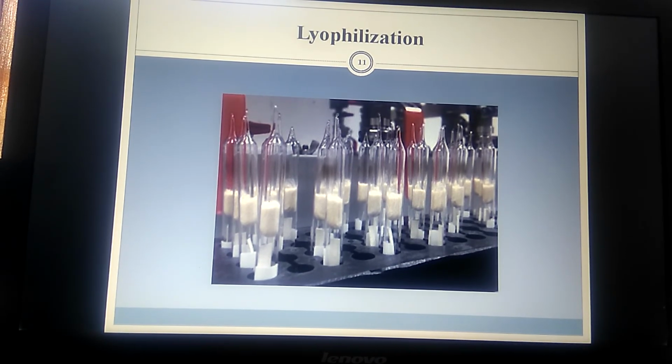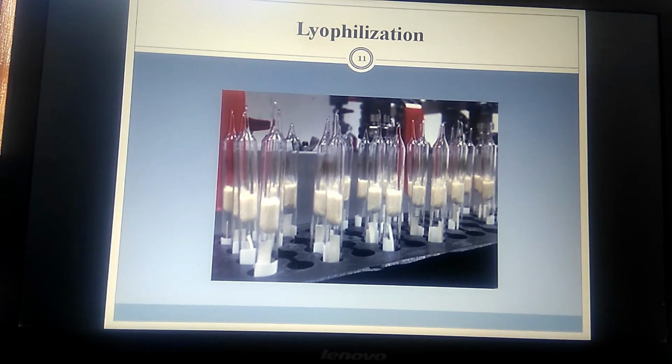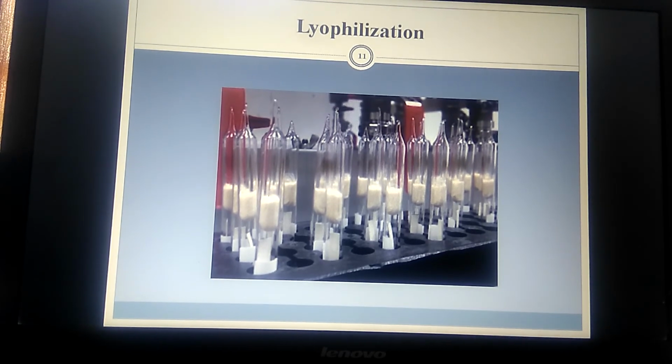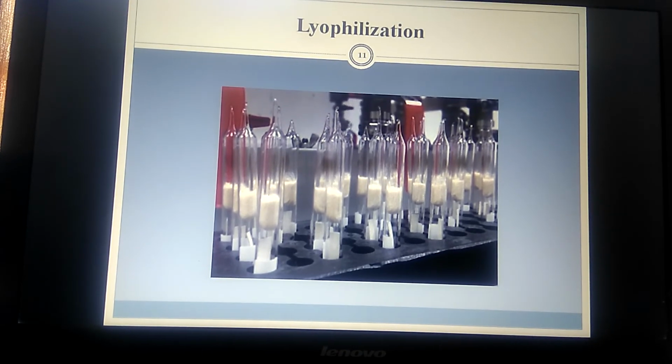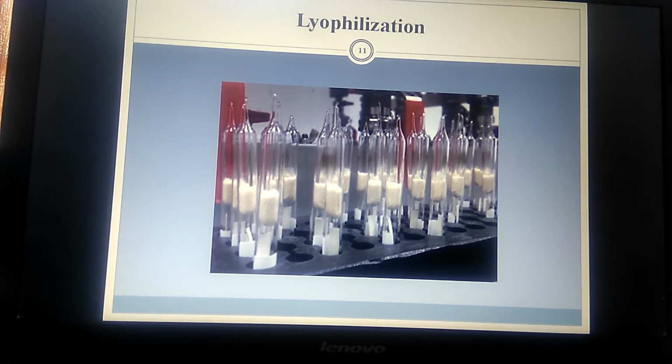Once all the water is taken out, it will be like a powdery thing. This can be stored for a longer time, and it will help us in the transportation of the organisms. Most of the transportation of organisms is done by lyophilization.